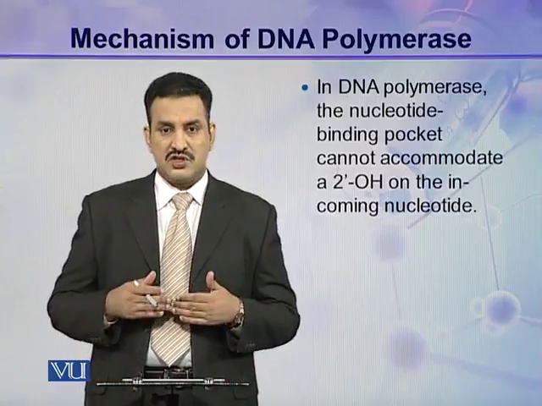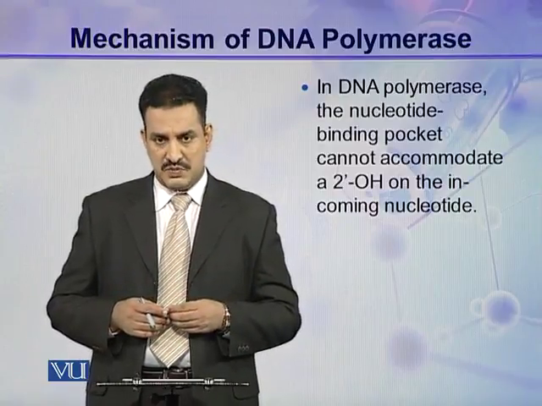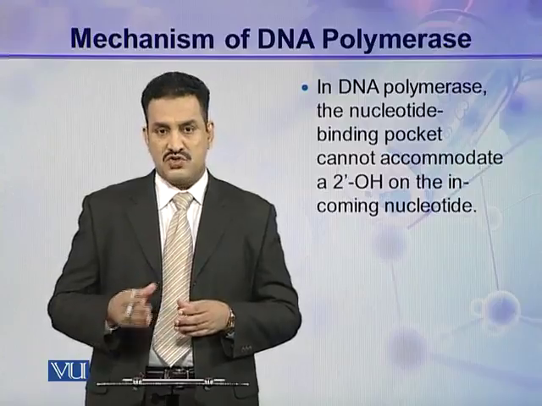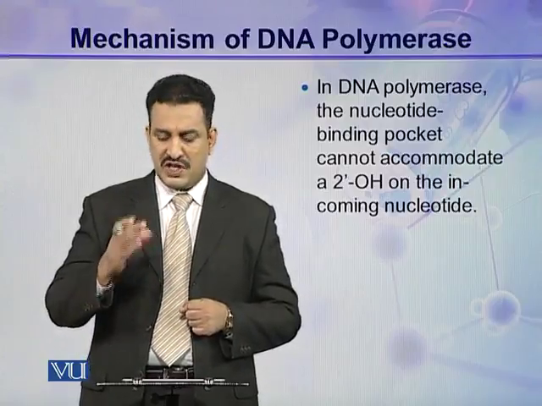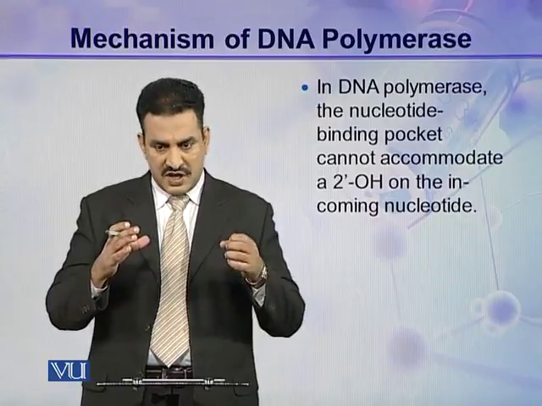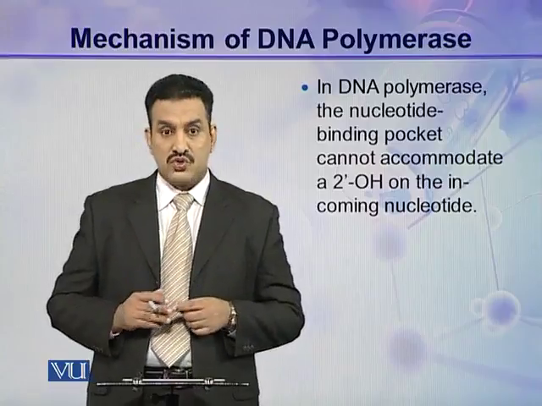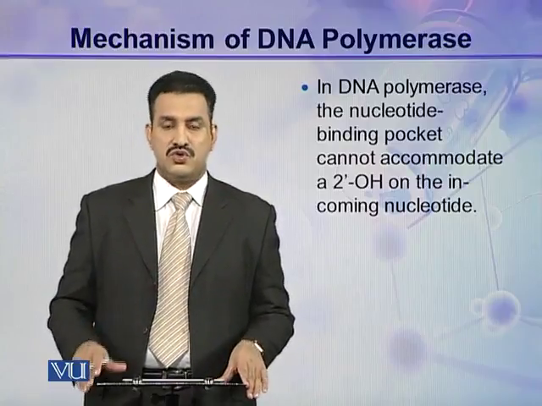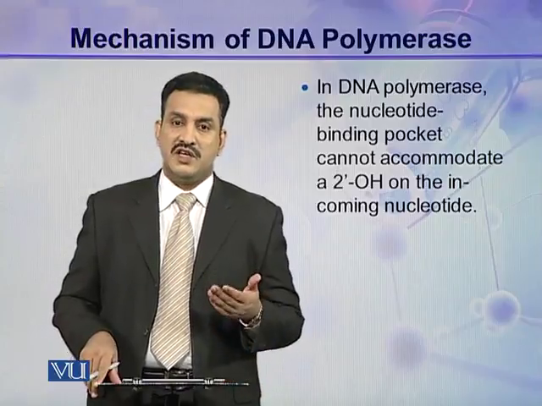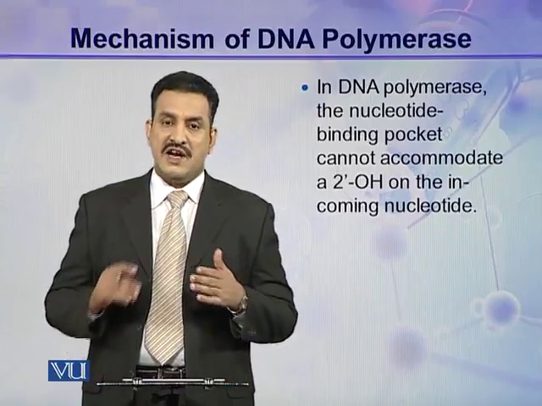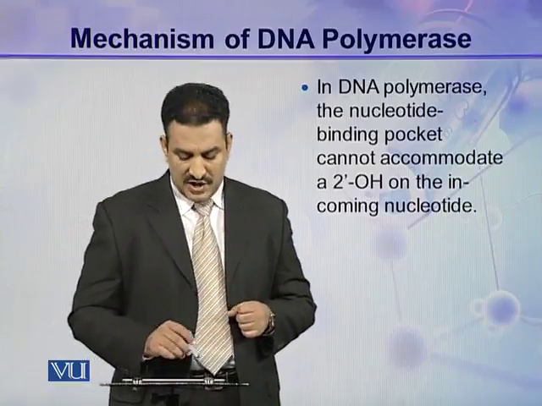See, this distinction between rNTP and dNTP is due to this reason: the nucleotide binding pocket of DNA polymerase cannot accommodate a molecule which contains a 2' hydroxyl group, and a 2' hydroxyl group is present in rNTPs, while in the case of dNTPs at the 2' of deoxyribose there is only hydrogen present.